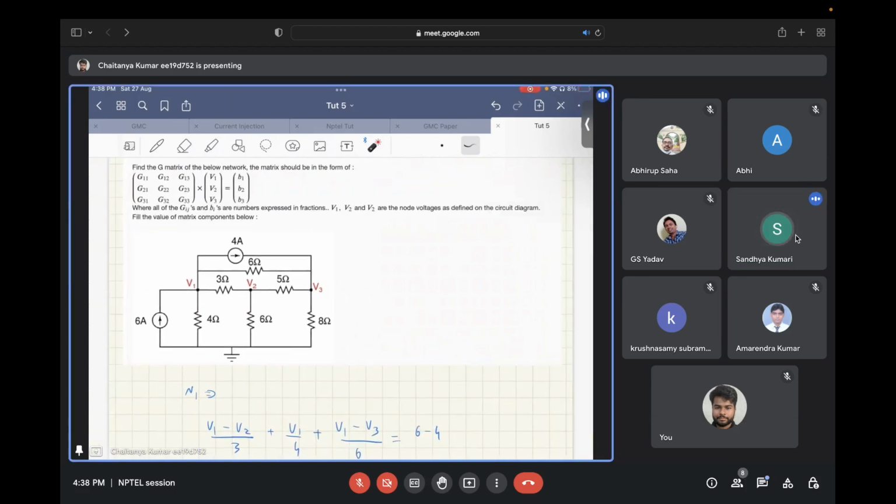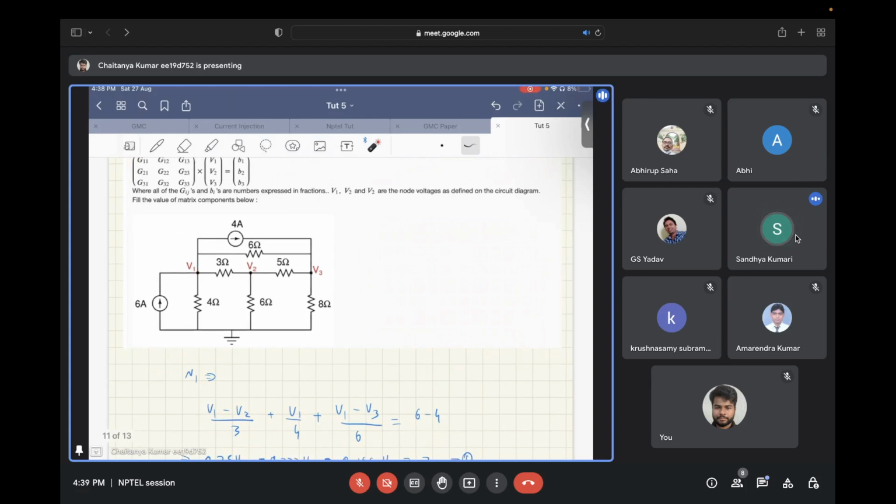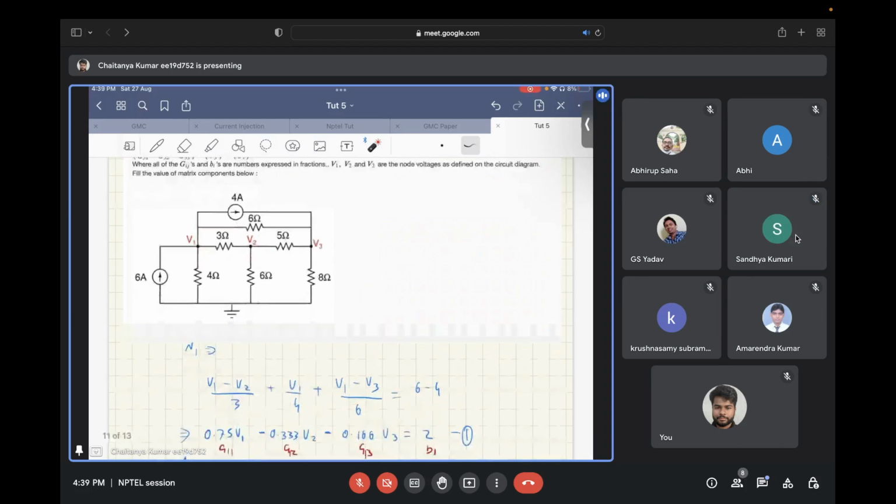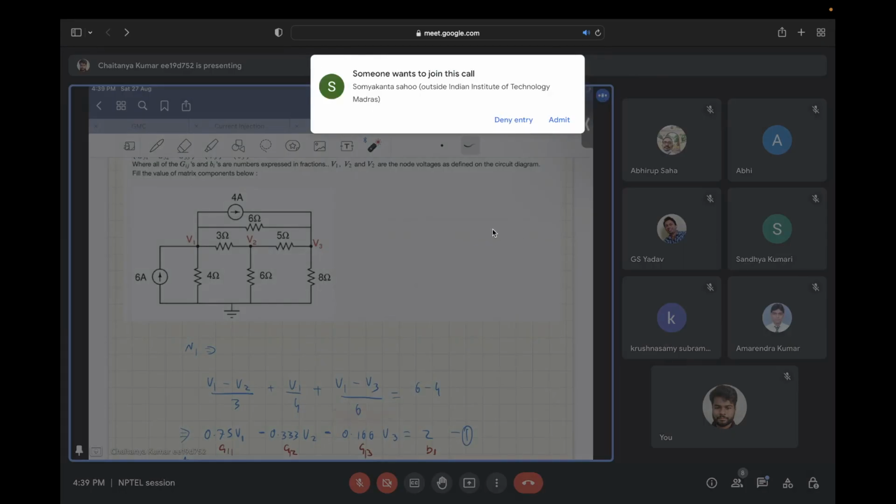Okay. So let's say when you are applying KCL for node one, you just need to make sure whatever current is flowing into or flowing out of this node. In that case, what you will have is V1 minus V3 by 6 ohms.